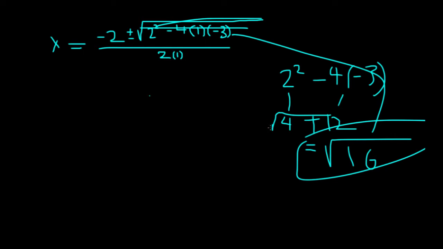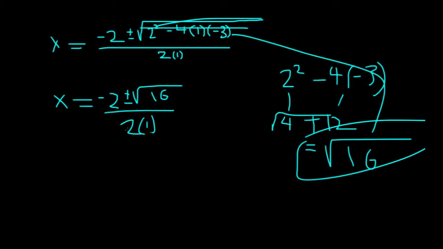We can get rid of that. So this turns into x equals negative 2 plus or minus the square root of 16, over 2 times 1, which we can just simplify to 2. So now we just have this beautiful equation right here.